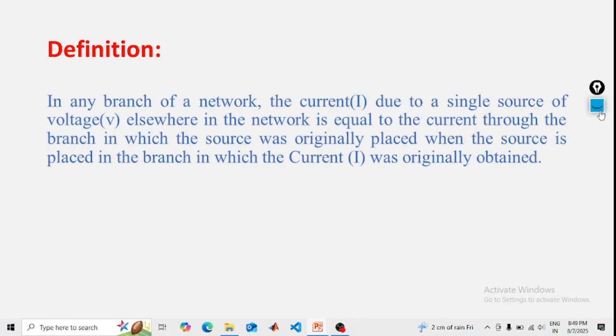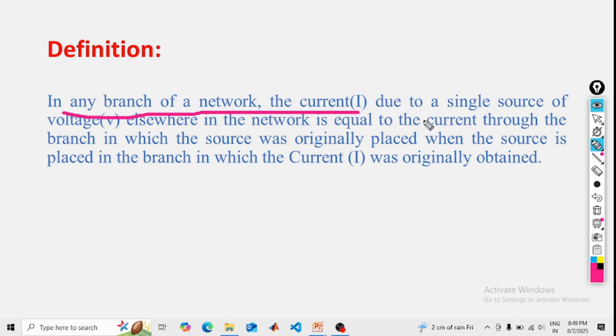In any branch of a network, the current I due to a single source of voltage V elsewhere in the network is equal to the current through the branch in which the source was originally placed, when the source is placed in the branch in which the current I was originally obtained.